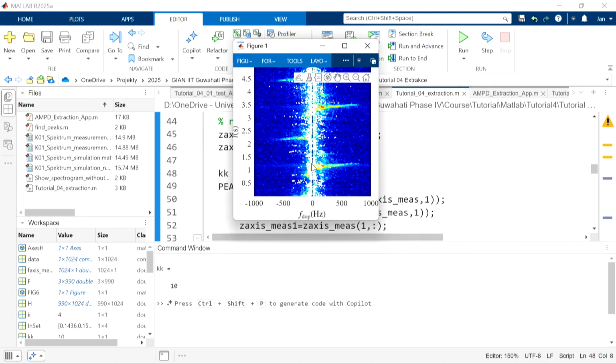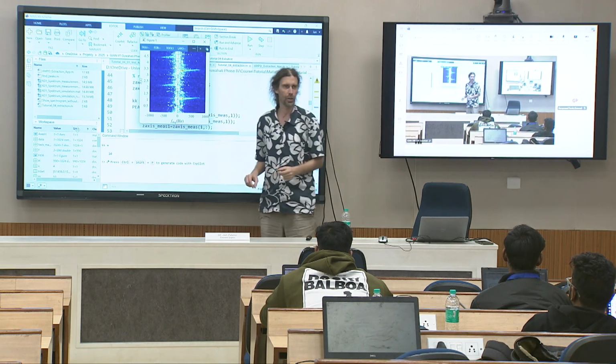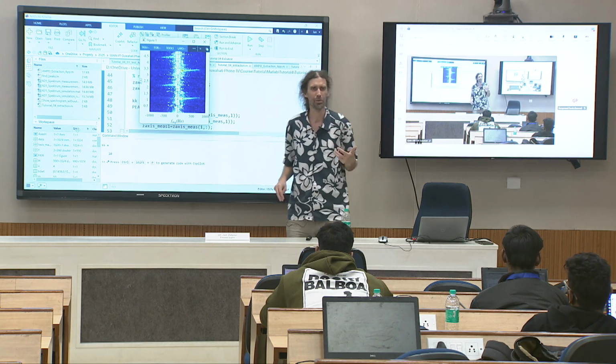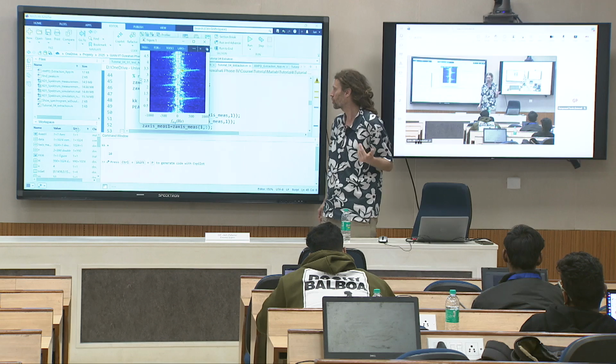But if I make this image lower, you can see the colorful area where the amplitude is higher. So for sure it is always around this value. But it is hard to see this extraction because there are a lot of values.